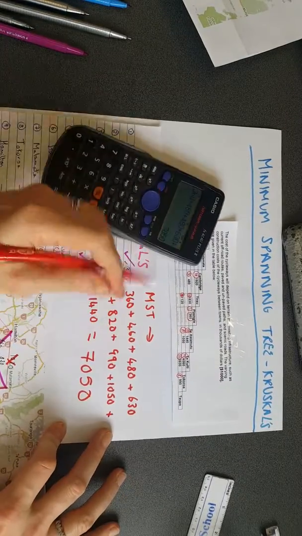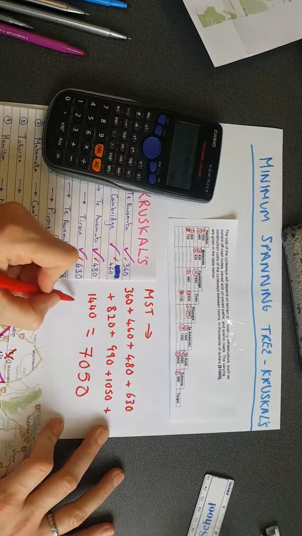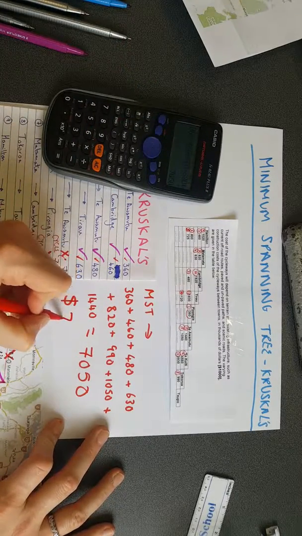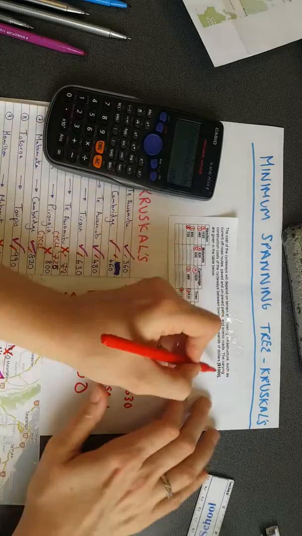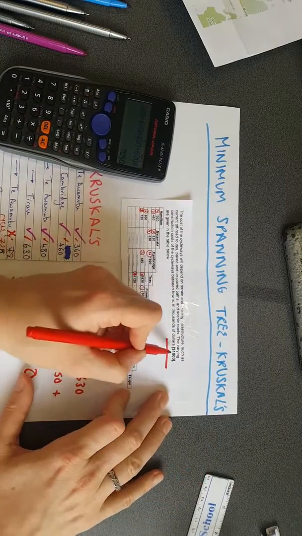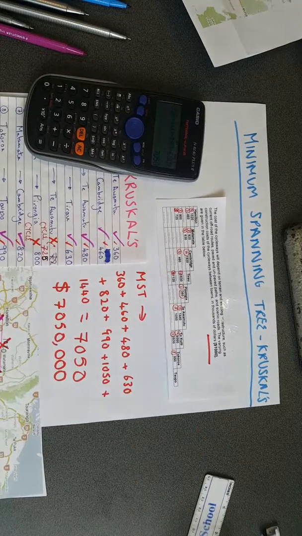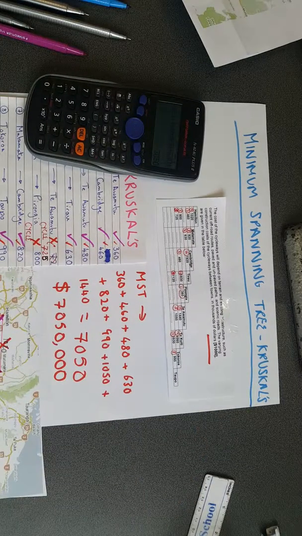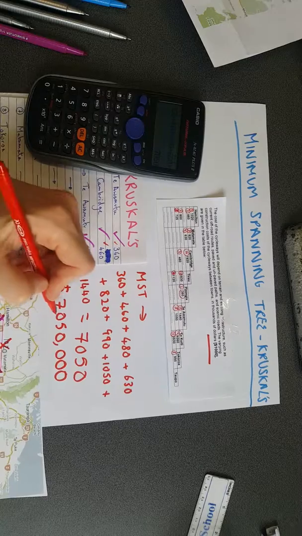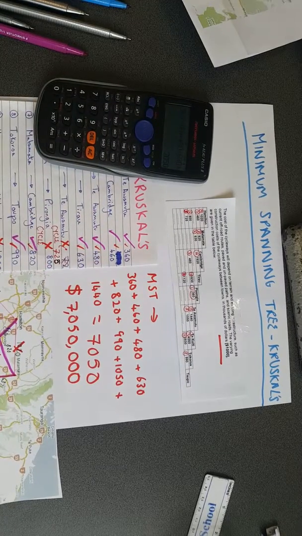So that is going to cost in total. And notice that our table is in thousands. So that's actually my final answer of how much it's going to cost. And that's my minimum spanning tree. So basically the government are going to have to invest £7 million into this network.